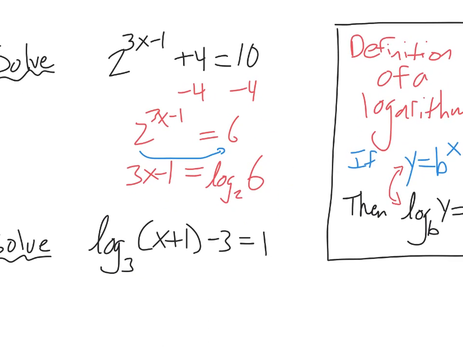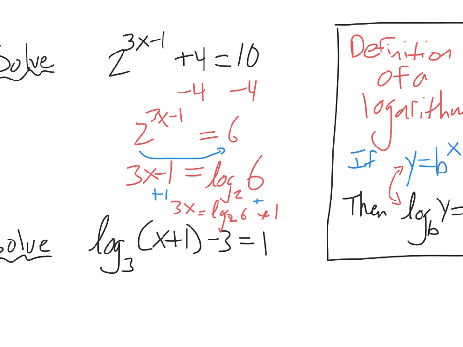So let's add 1 to both sides. Just leave that log base 2 of 6 alone. Then we have 3x equals log base 2 of 6 plus 1. It's kind of like the square root of 6, not really, but in the same way that the square root is an irrational number.